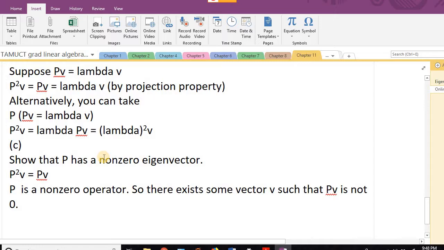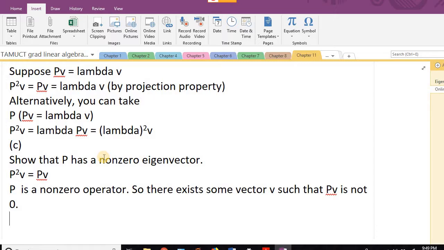How do we know that? Because otherwise P would be a zero operator. If P is 0, then PV would be 0.